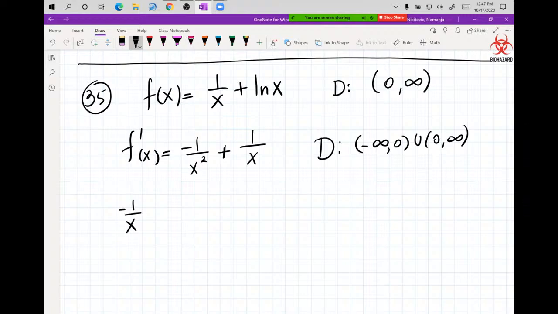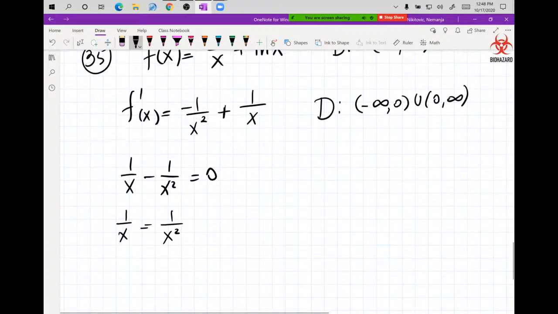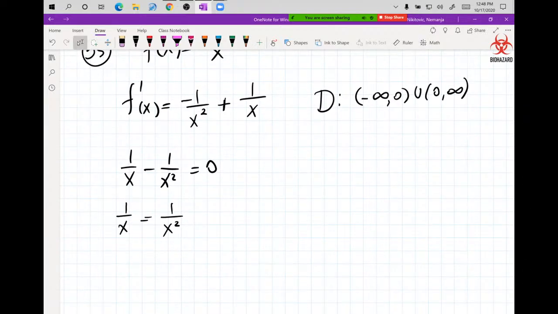-1 over x squared. Well, let's just write this as 1 over x minus 1 over x squared equals 0, when we set it equal to 0. And the way you solve this is, move 1 over x squared to the other side. Then you can cross multiply, get x squared equals x.